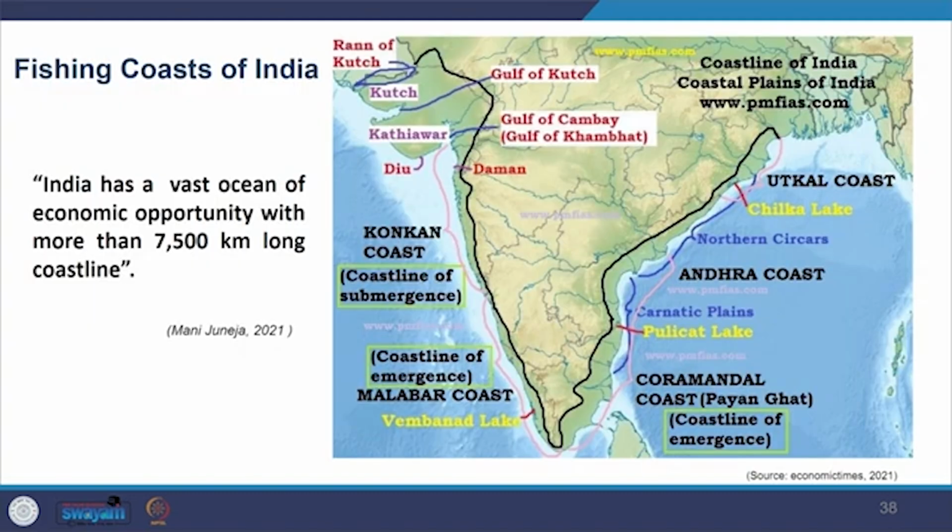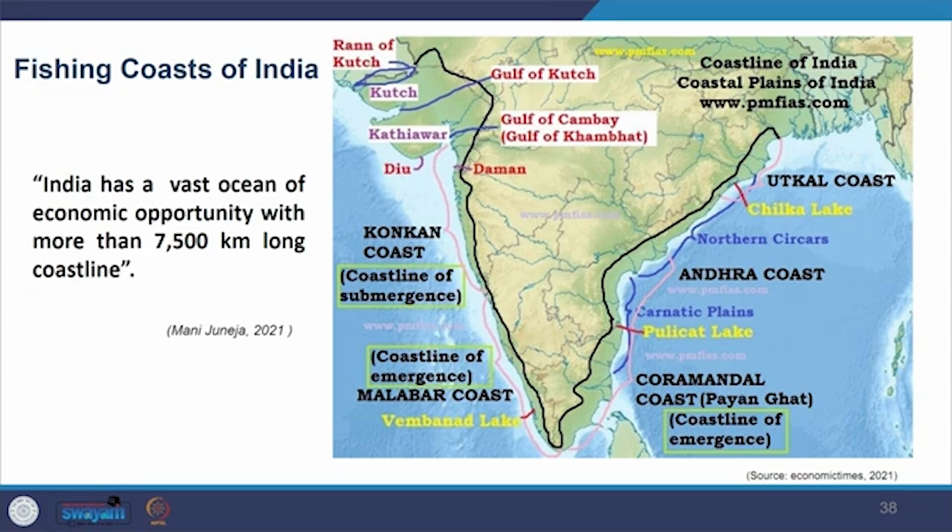If we look at India, Mani Juneja in 2021 wrote for TERI that India has a vast ocean of economic opportunity with a more than 7,500 kilometer long coastline.